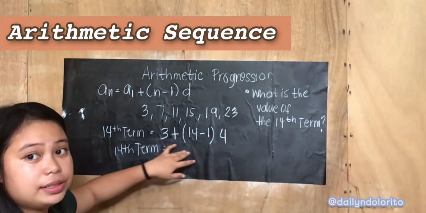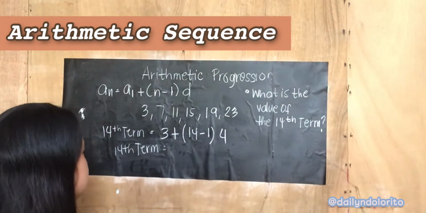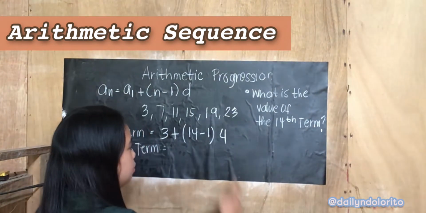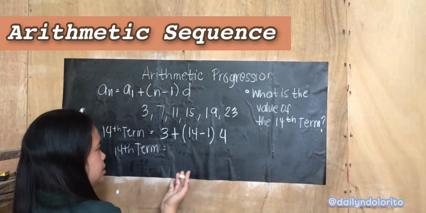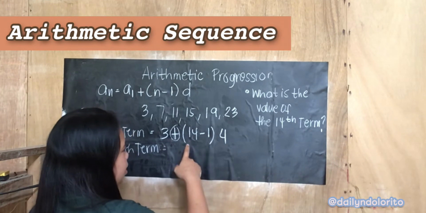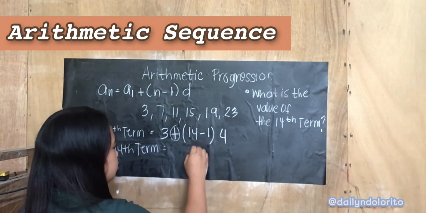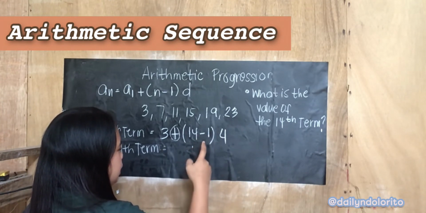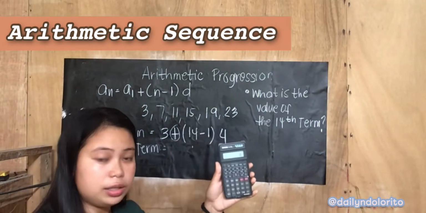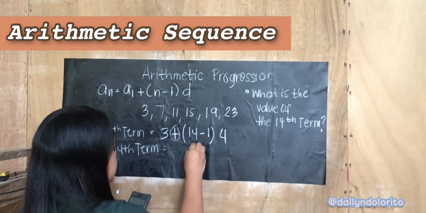Okay, so this is the final step. Now, what we are going to do is just do the math. As you can see, this part is enclosed in parentheses next to the 4, which means that the common difference and the value in the parentheses are to be multiplied, and then separated by the plus sign. So 14 minus 1 is 13, obviously. 13 times 4, let's get your calculator, is 52.